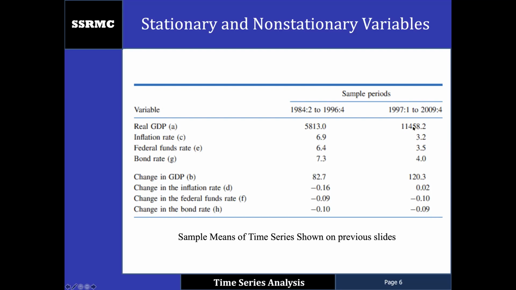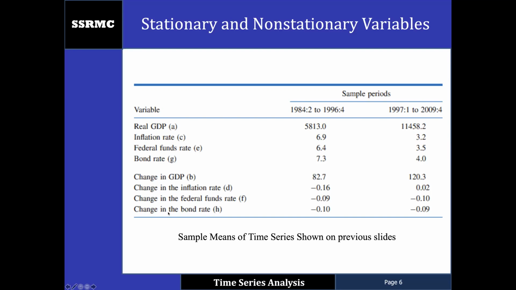So if you compare the means for levels, you may notice the difference is quite large. For example, this one is almost double the mean in the first period. Inflation rate, that's a similar story. It's half of what we had in the first period. On the other hand, if you compare the difference between those periods among those changes, the changes are quite small, particularly for the last two. For example, for the changes in the federal funds rate, the means in those two sub-periods are virtually the same.